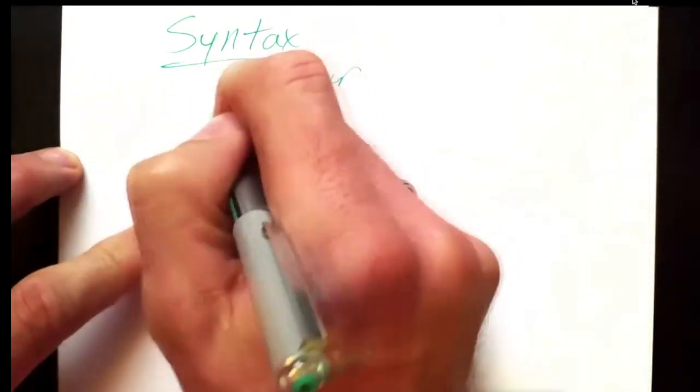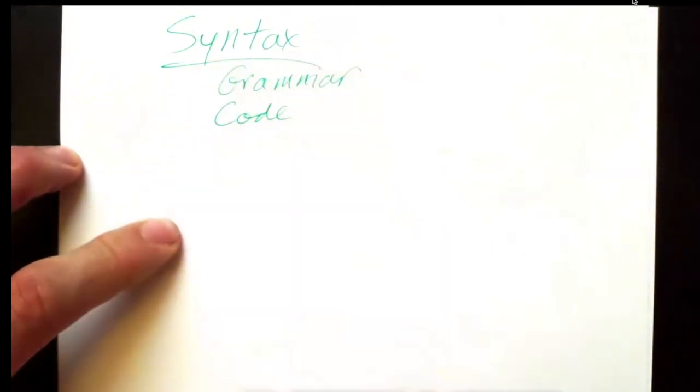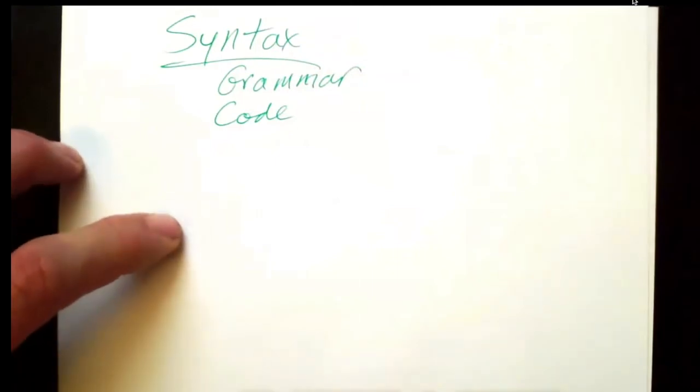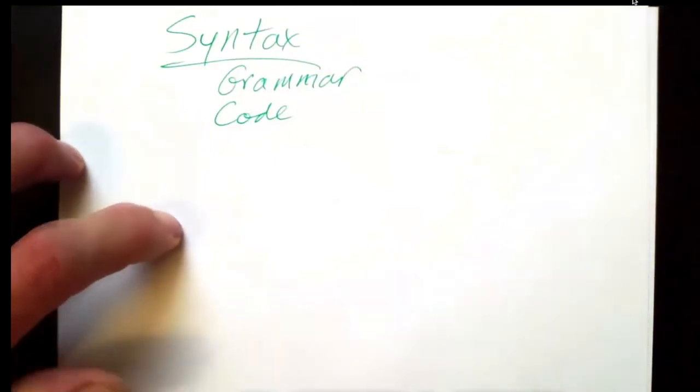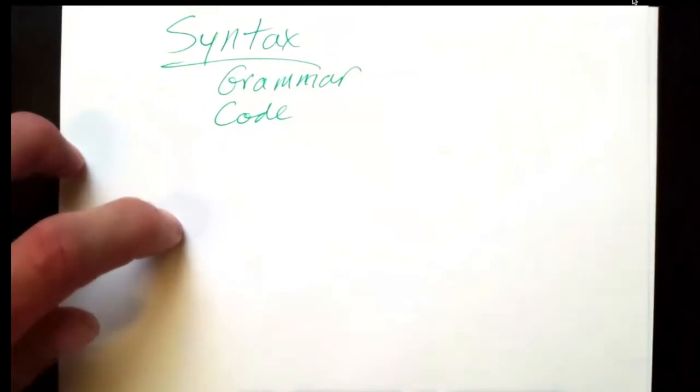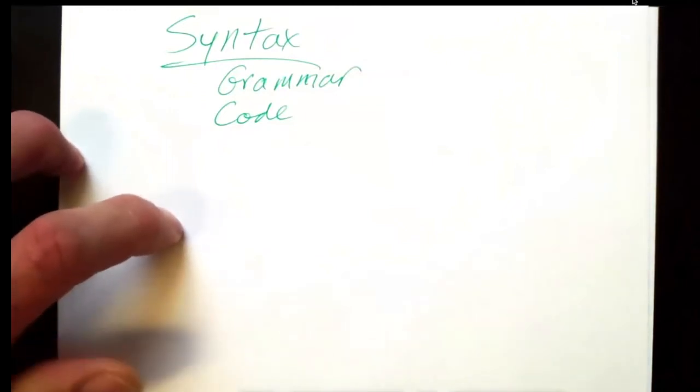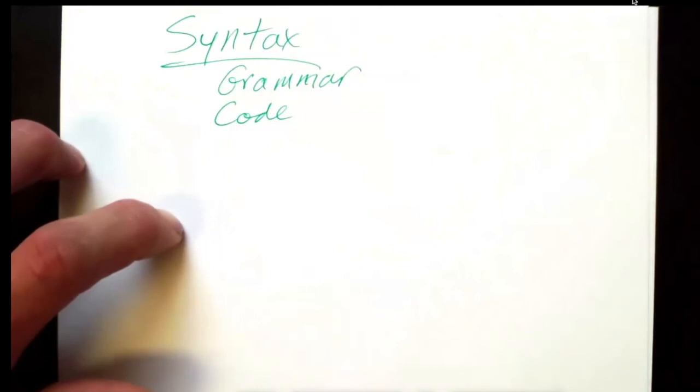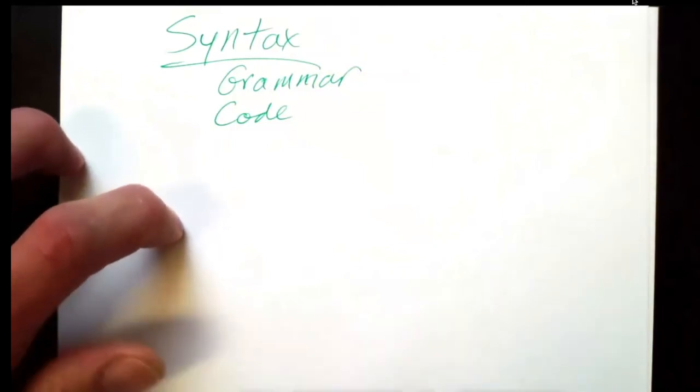In computers, this is the code. This is often binary code in a computer at its most basic level, but all of the programming languages that are used and written by software designers communicate instructions to the computer through code.